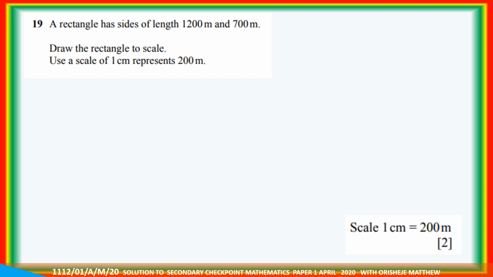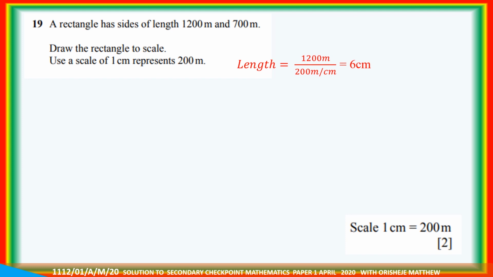Use a scale of 1 cm represents 200 meters. So what we need to do is find on our scale diagram how long the length will be. We have 1200 divided by 200 meters per cm. That will give me 6 cm.